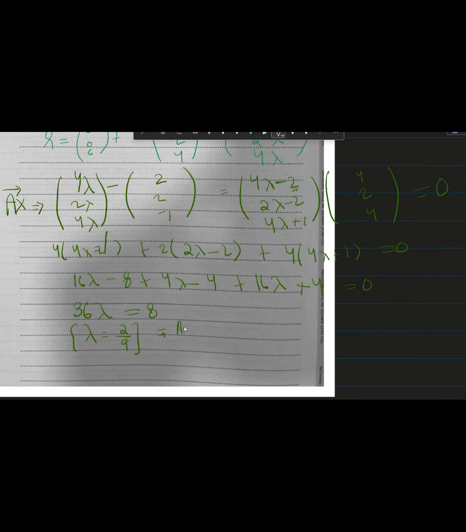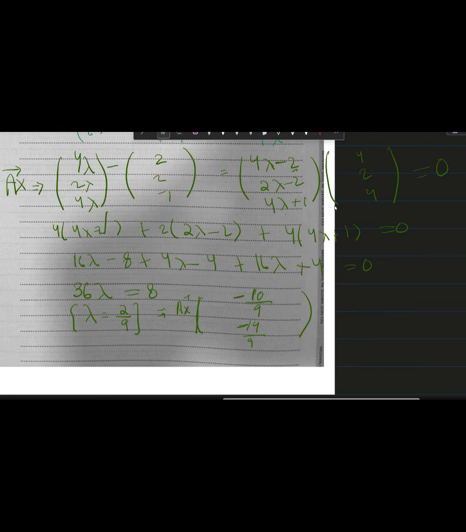So if we write AX's value, AX would be equal to 4 into 2 over 9 minus 2, which is basically minus 10 over 9, and then it would be 4 over 9 minus 2 as well, which would be minus 14 over 9, and then the third coordinate would be 4 lambda plus 1. So 4 into 2 over 9 plus 1 would be 17 over 9.